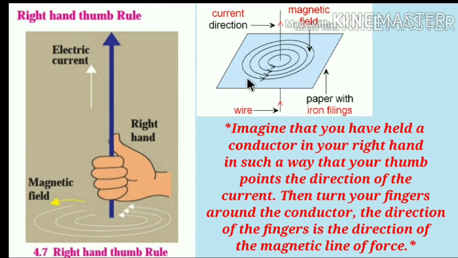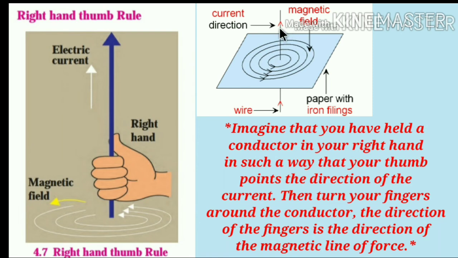By doing this activity, we can understand the right hand thumb rule here. So let's see the activity at the last Try This. This is the cardsheet paper. On that cardsheet paper, we spread the iron filings. This is the current carrying conductor and the direction of current is shown here.